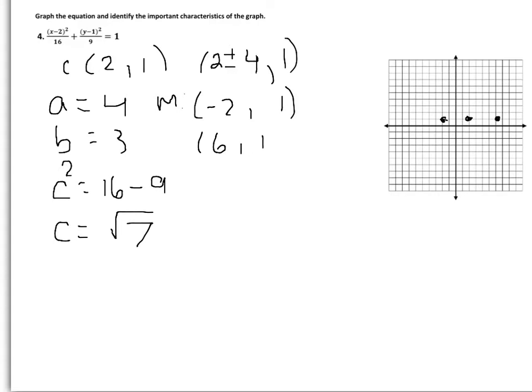And then the minor, 2 comma 1 plus or minus 3. So 2, negative 2, and 2, 4.